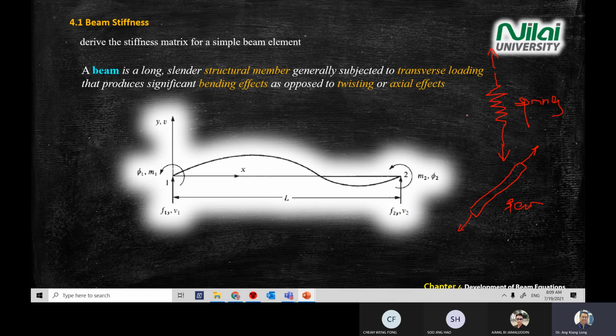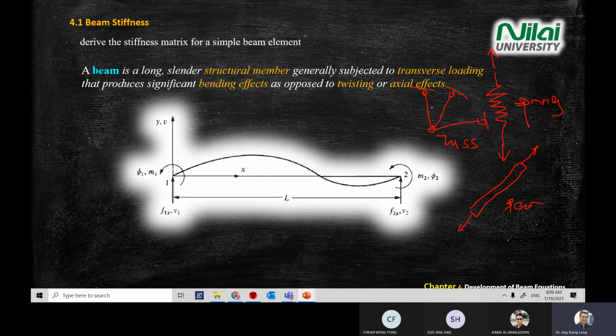Bar like that, and then we also studied the truss structure, the combination of bars connected to a wall or something. So this is the truss structure. And then for springs, you also have assembly of springs.